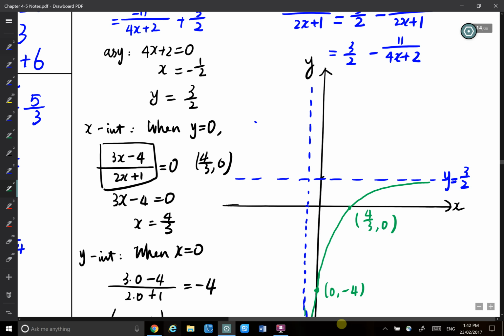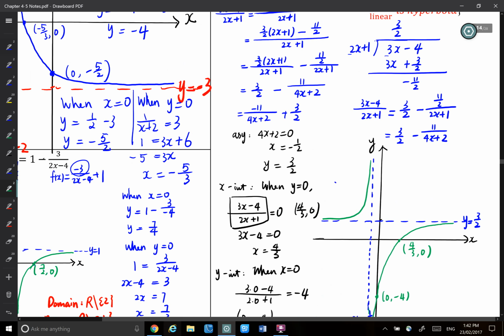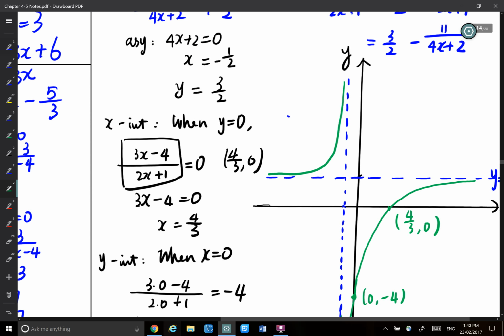Let's draw better for this one. Better to find another point. So which point can we find? Let's find -1.